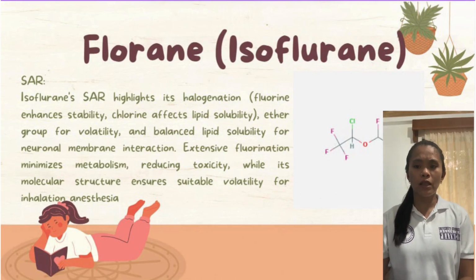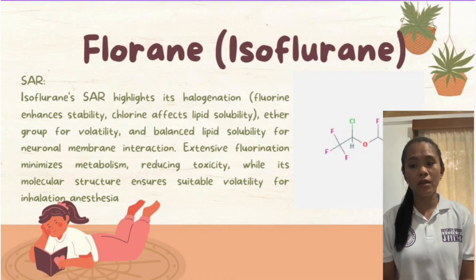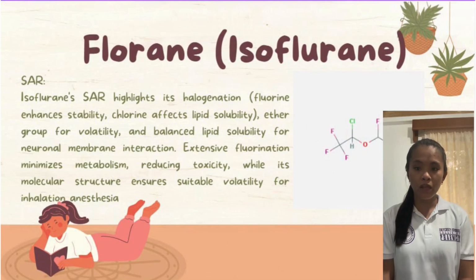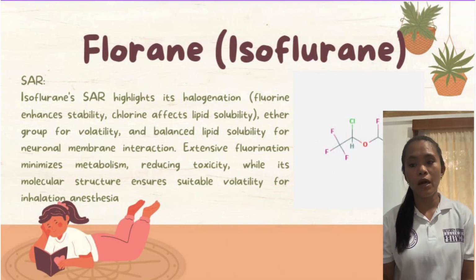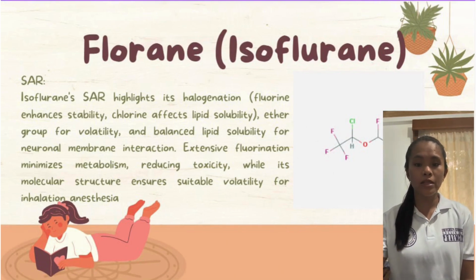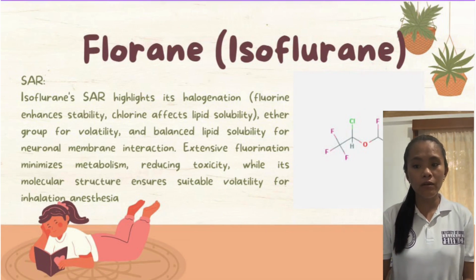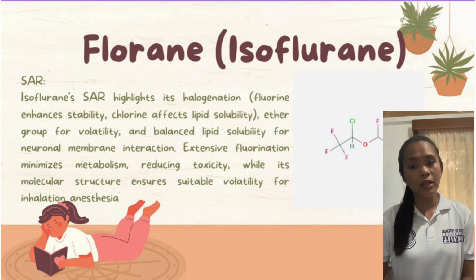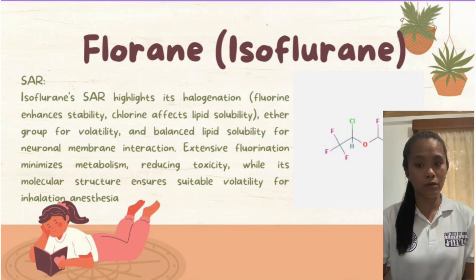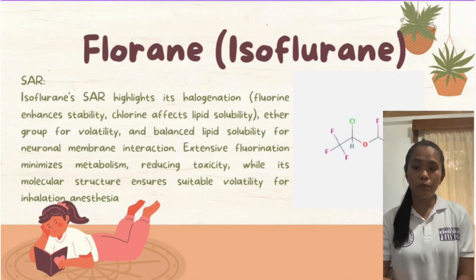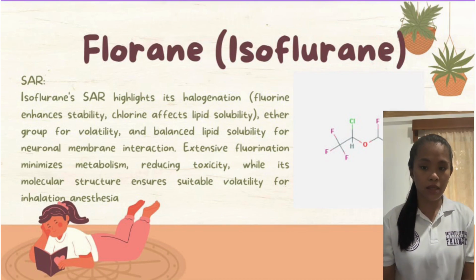This structure allows for efficient penetration of the blood-brain barrier, reaching the target sites in the CNS. The specific arrangement of fluorine, ether, and alkyl groups in isoflurane's structure contributes to its potency as an anesthetic.